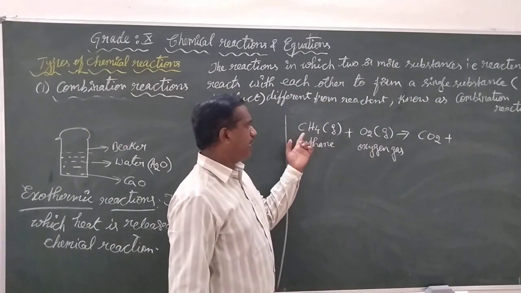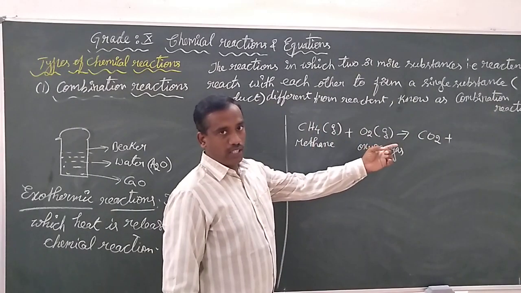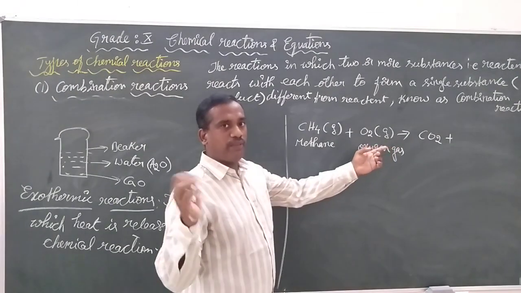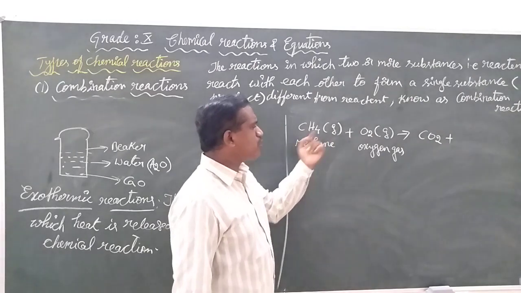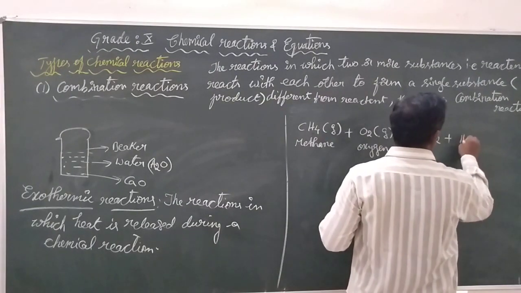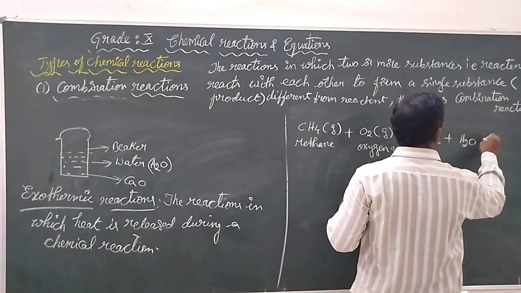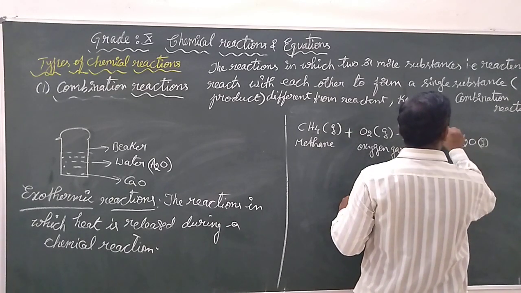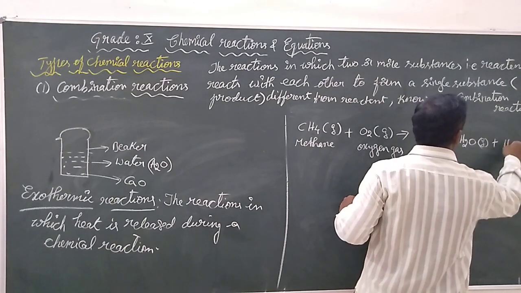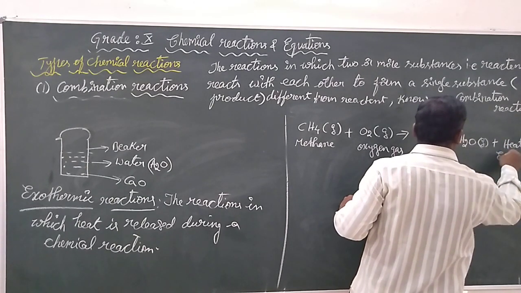See children, I have given carbon dioxide, which we don't observe because the amount emitted is very small, and it forms water. This will be in the gaseous state. Along with that, heat energy is released.